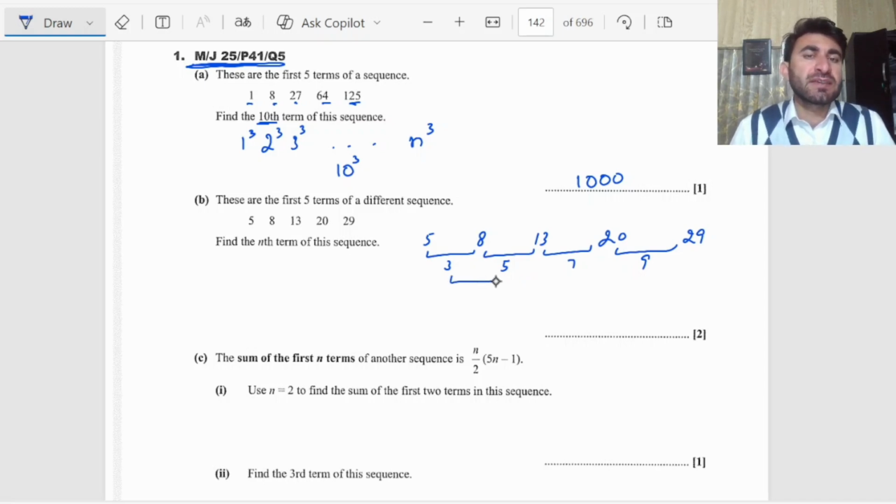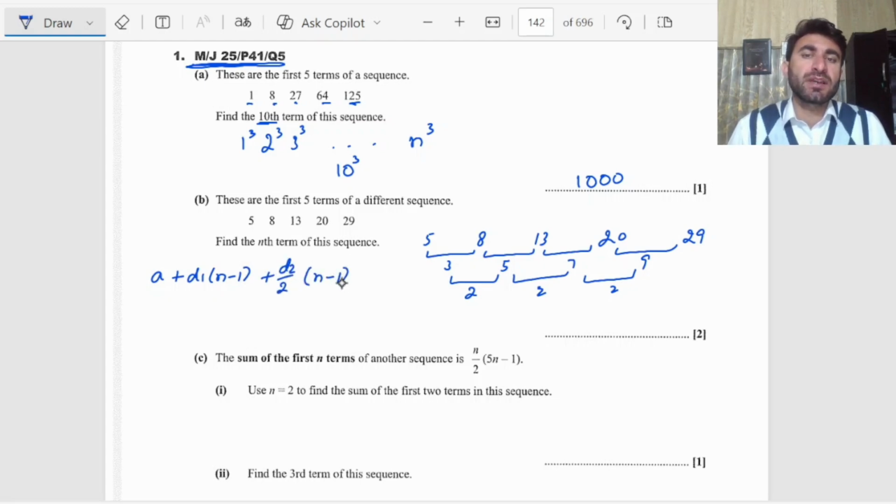So we will find the second difference sequence, which is a constant number 2. So it represents a quadratic sequence. So in case of a quadratic sequence, in order to find the nth term, I will use the formula for that: a plus d1 times (n minus 1) plus d2 divided by 2 times (n minus 1)(n minus 2).